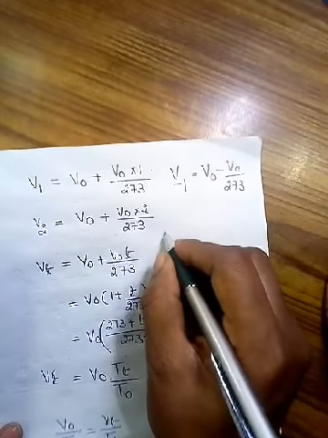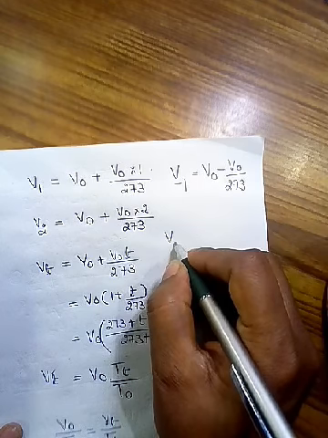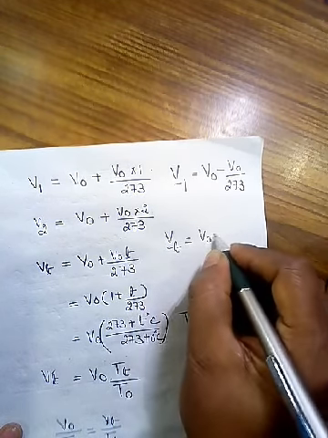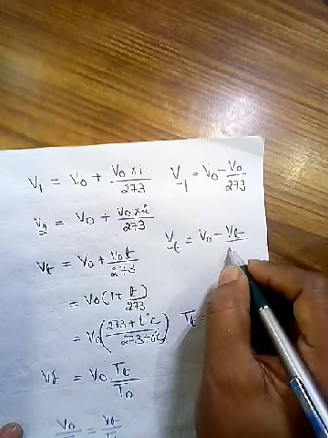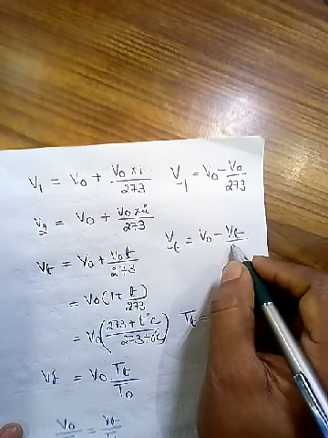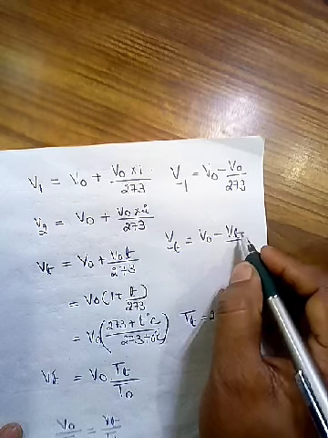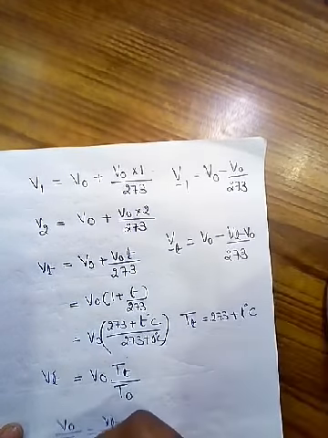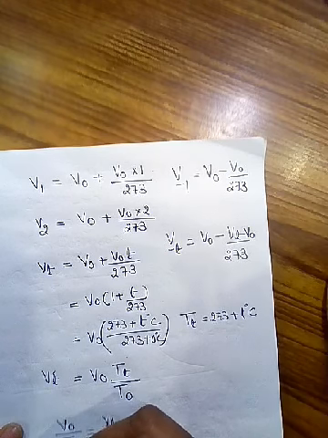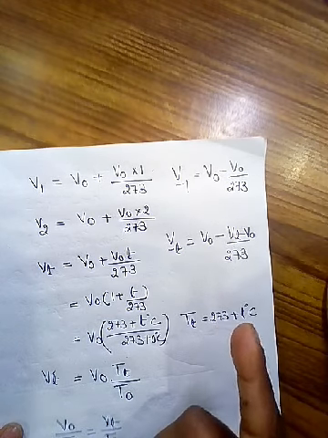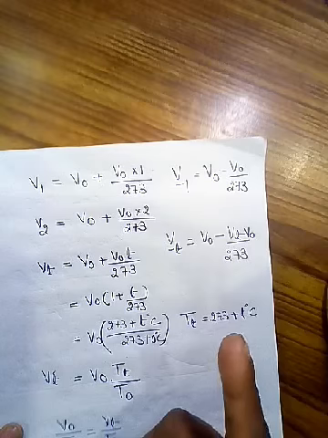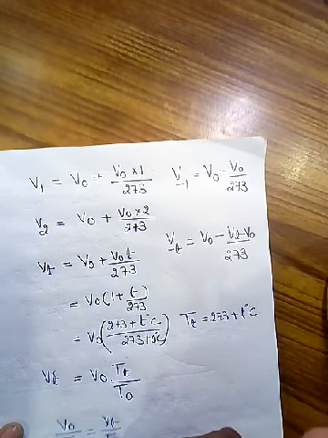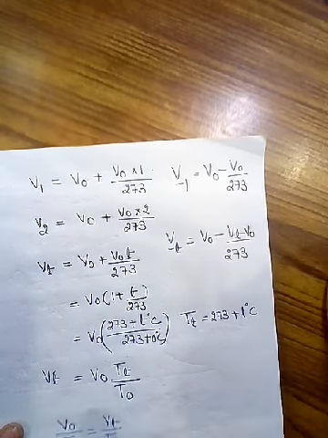Similarly, V minus t will be V0 minus t into V0 by 273. So Charles' law gives the variation of volume with increase and also with decrease of temperature.